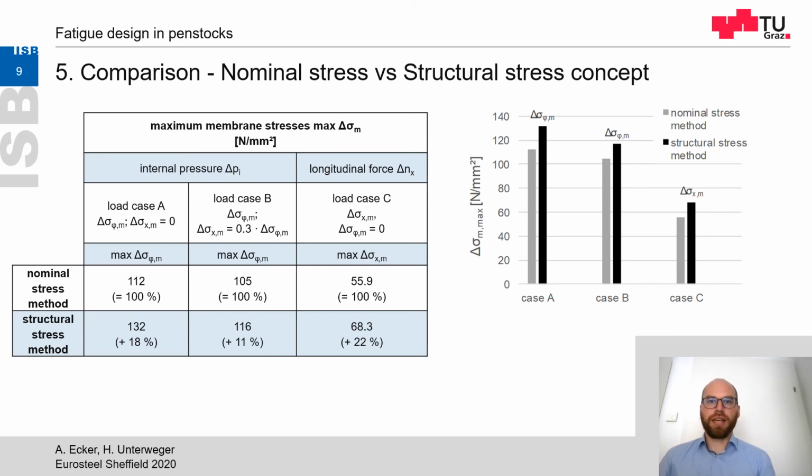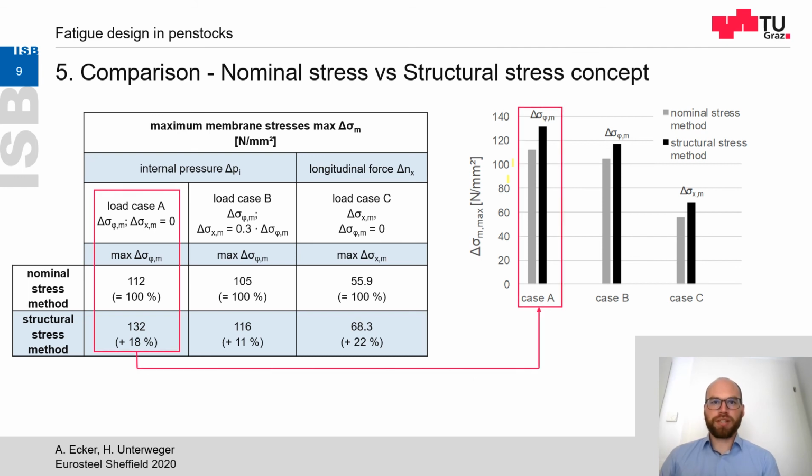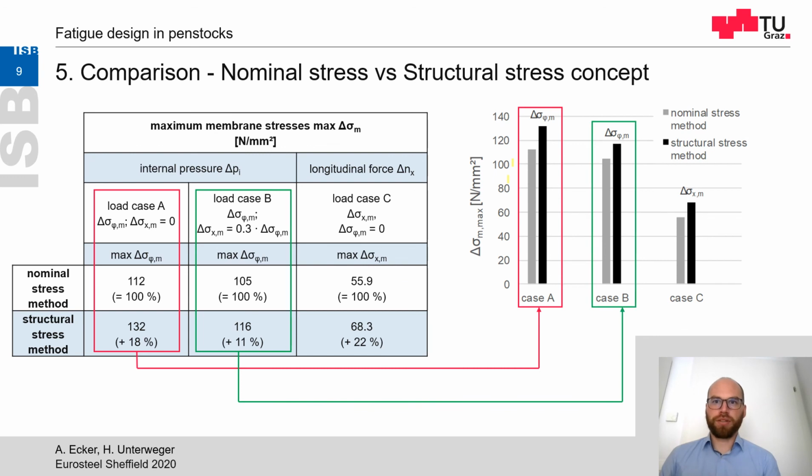For load case A and B, the maximum membrane stress in circumferential direction is the reference. For load case C, the membrane stress in longitudinal direction is the reference. The structural stress method allows higher maximum membrane stresses compared with the nominal stress method.